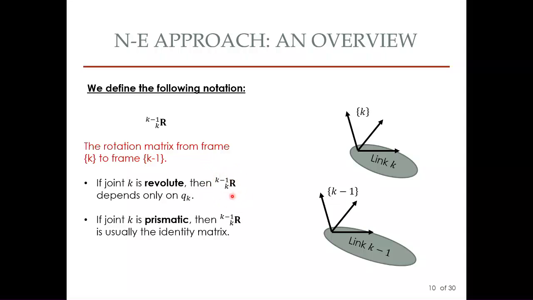Whereas if joint K is prismatic, if frame K and frame K minus 1 are parallel, then the rotation matrix from K to K minus 1 will not depend on any QK. And in the simplest case, it will just be the identity matrix. Okay, just I.